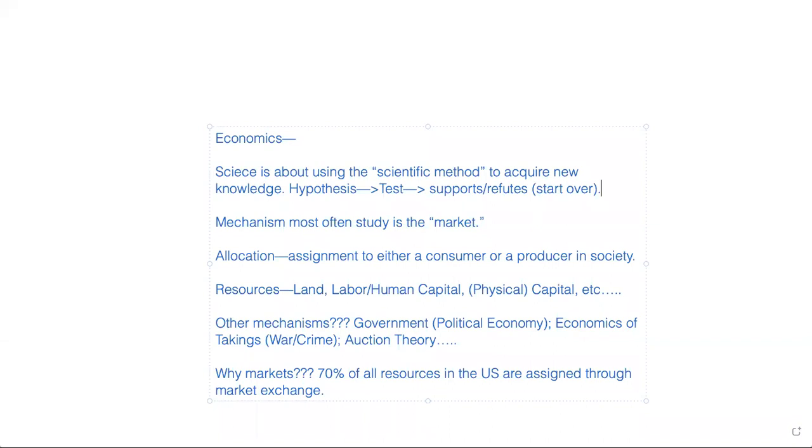And Vernon at 92 years old is still conducting experiments along with other economists, trying to understand better how these economic forces work through mechanisms like the market to produce some sort of final outcome in terms of the way that resources are distributed.